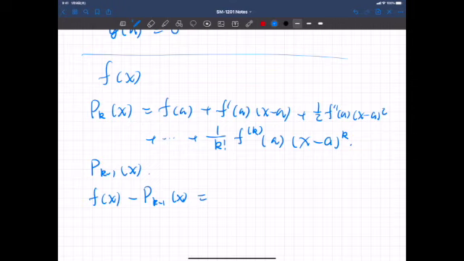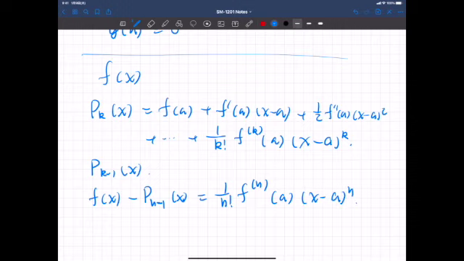I think I should write n minus 1 here. So that will be 1 over n factorial, f^(n) of a, times x minus a to the power of n.